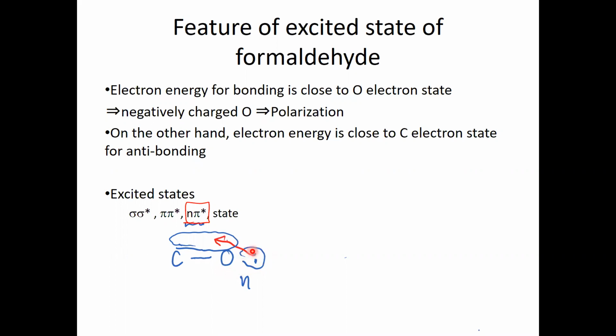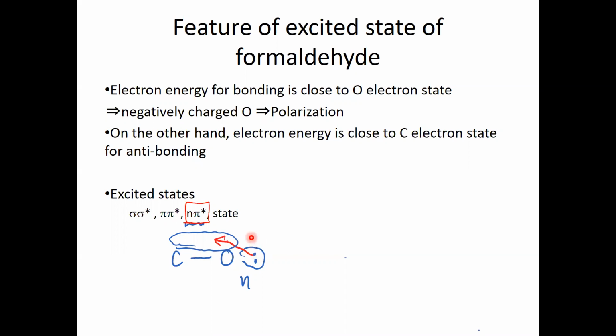But once excited, for example in the n-pi star state, this electron moves to the pi star orbital, which changes the electron configuration quite a lot. That is the huge difference in electron configuration between the ground state and the excited state.